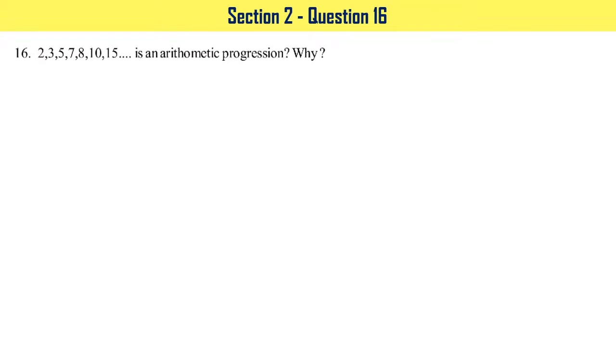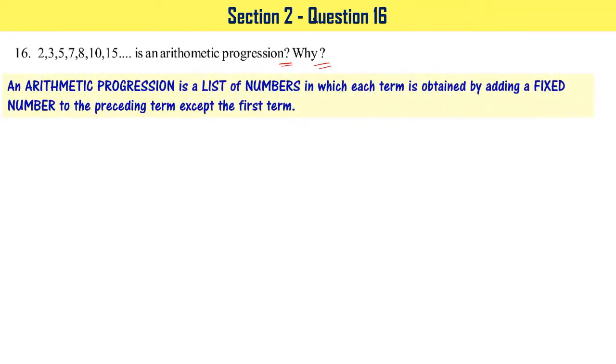2, 3, 5, 7, 8, 10, 15 and so on: is it an arithmetic progression or not is the question, and why. An arithmetic progression is a list of numbers in which each term is obtained by adding a fixed number to the preceding term except the first term.